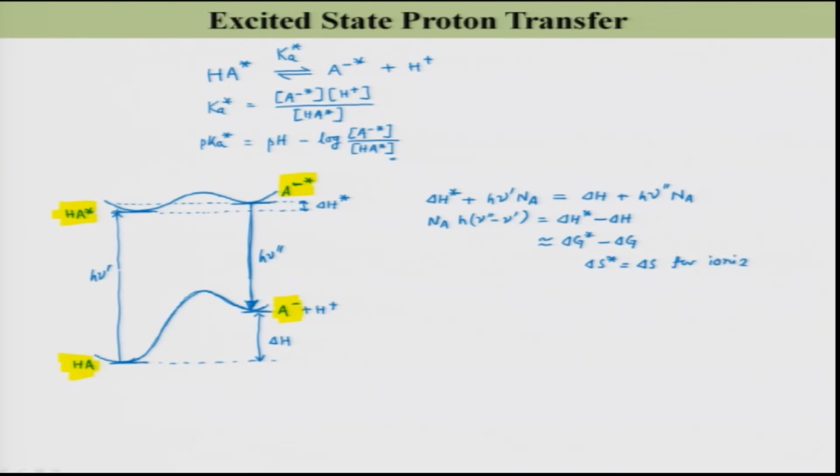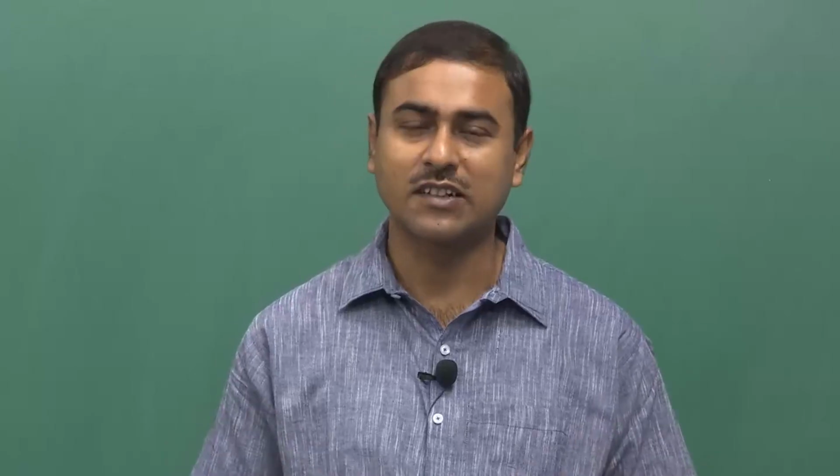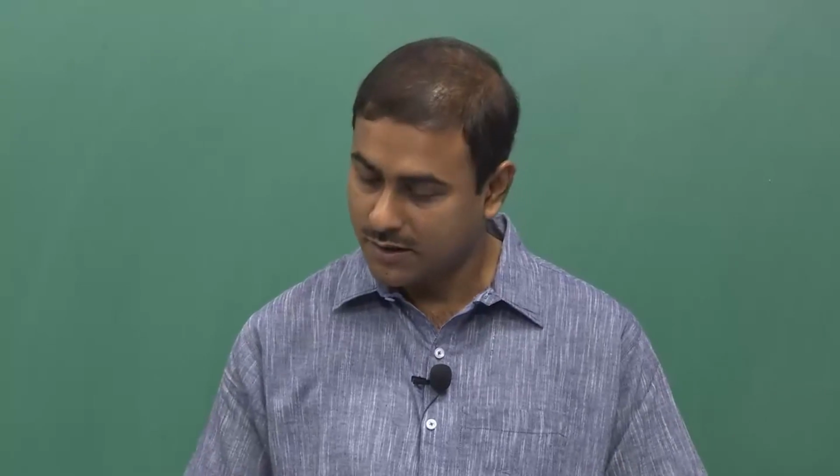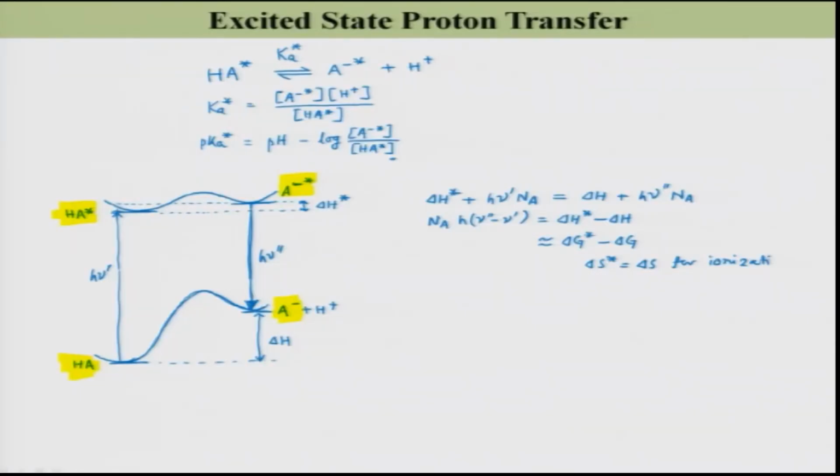It is just whether the ionization is taking place in the ground state or in the excited state, the change in entropy should be similar, it should not be very different. So, ionization, and I know that delta G is equal to 2.303 RT pKa, RT pKa. So, here I plug in these things.